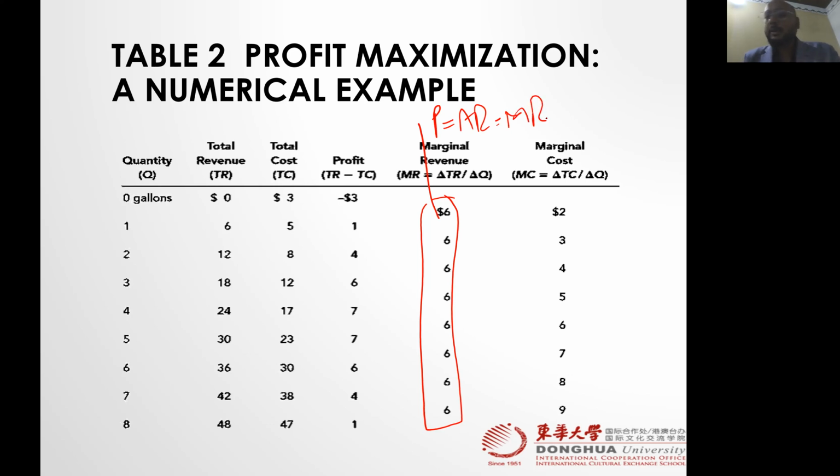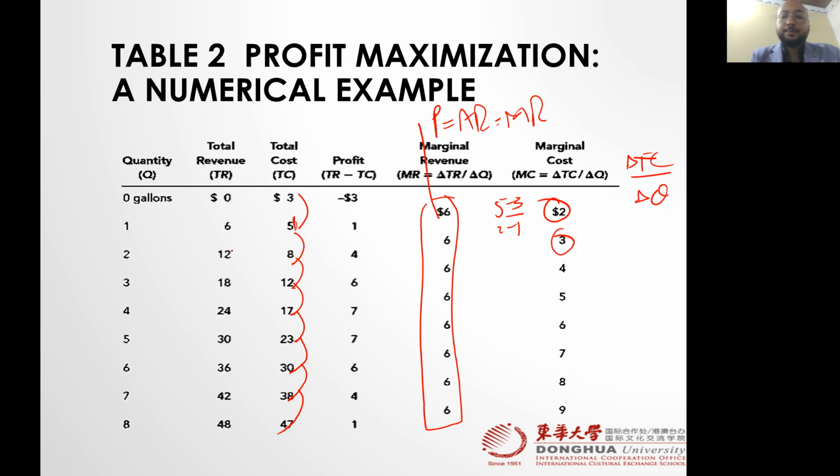What about the MC? MC is equal to change in total cost divided by change in quantity. So change in total cost. Cost is here. So how do we get this 2? 5 minus 3 divided by 2 minus 1. Where do we get this 3? 12 minus 6 divided by 8 minus 5.